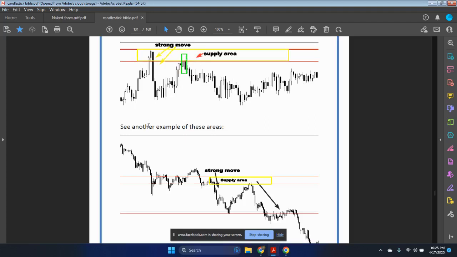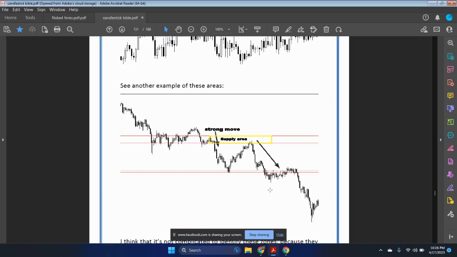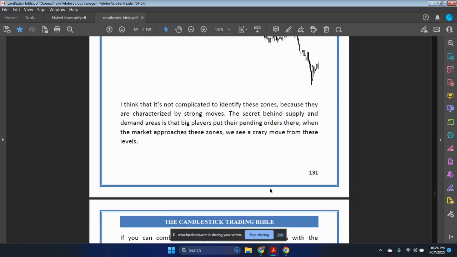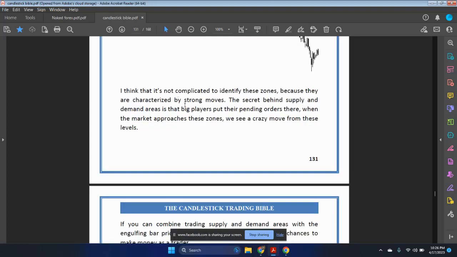Let's see another example of these areas. It looks like we were on a downtrend, price came up, this is our supply area. This was the strong move that took place.